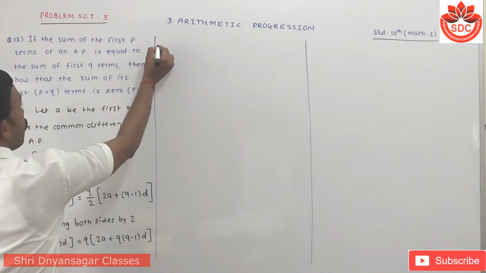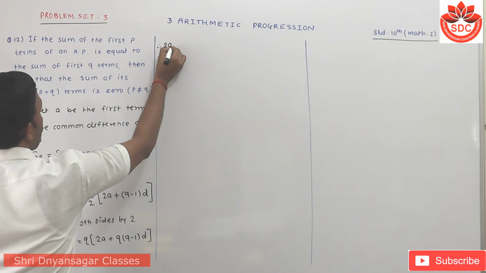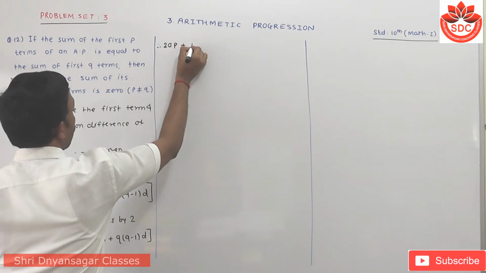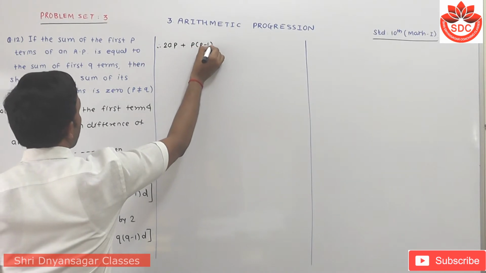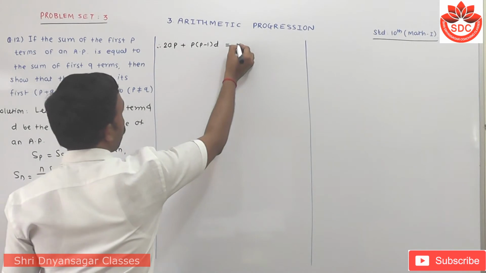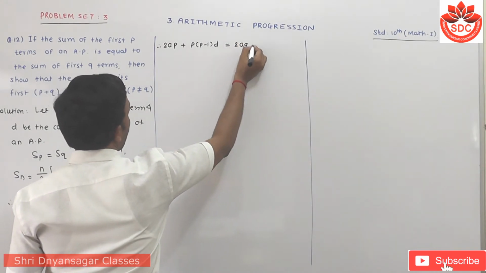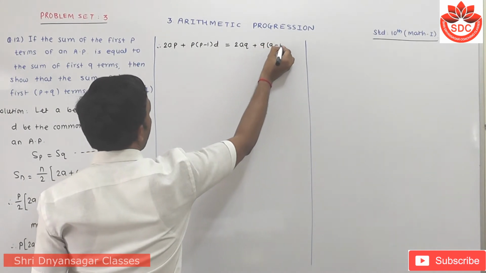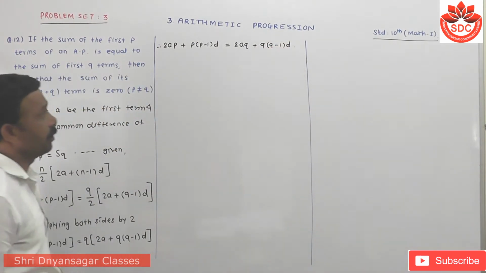We get twice ap plus p in bracket p minus 1 into d is equal to twice aq plus q in bracket q minus 1 into d.